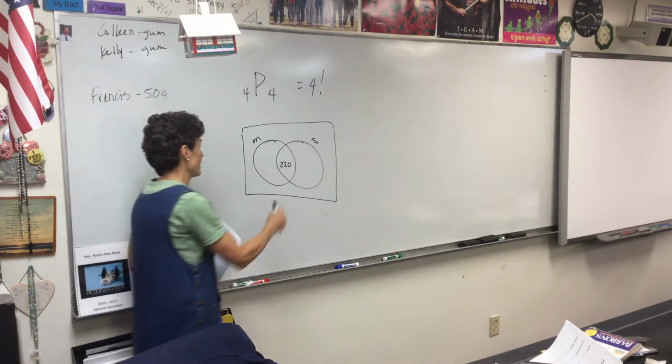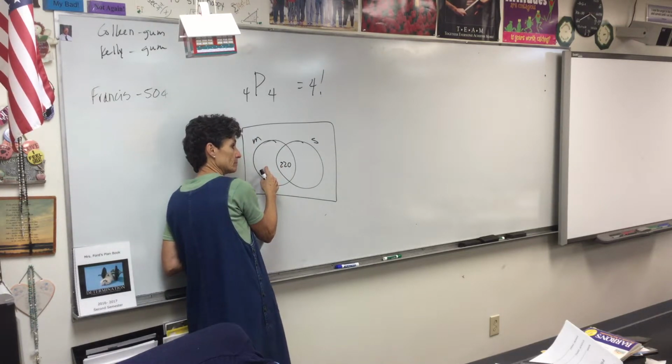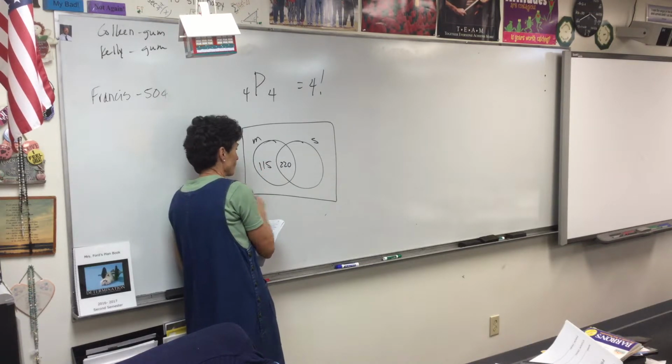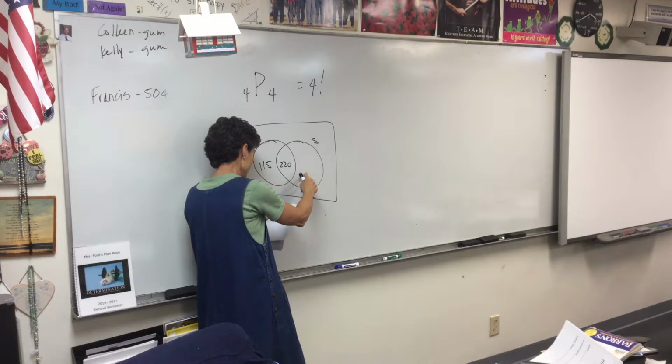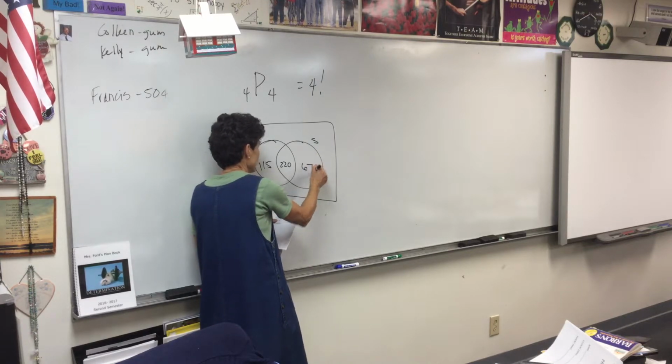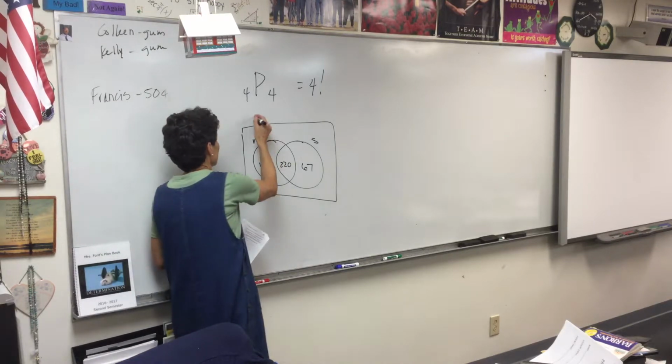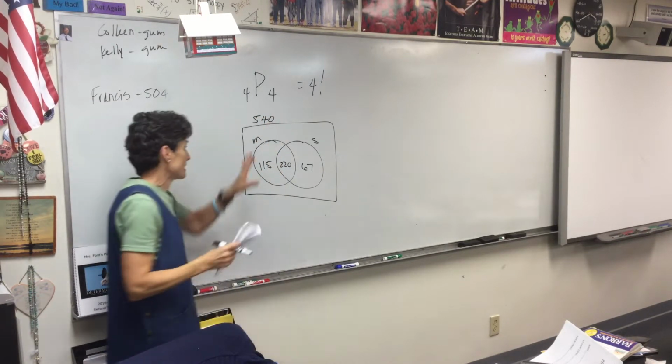How many people then are here? 115. This is the math wall, and there's 335 math kids, so 115? How many are over here? 67. Now, keep in mind, there are 540 kids in that box.